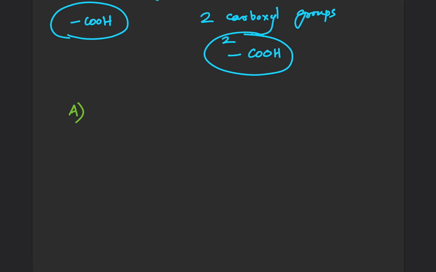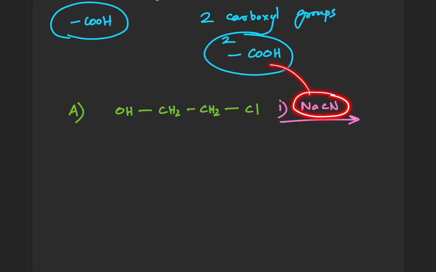in A, the starting molecule is OH, CH2, CH2, Cl. Okay, and the first reagent that we are using is NaCN, right? So due to this reagent attacking on this substrate, we'll be getting OH, CH2, CH2, CN.